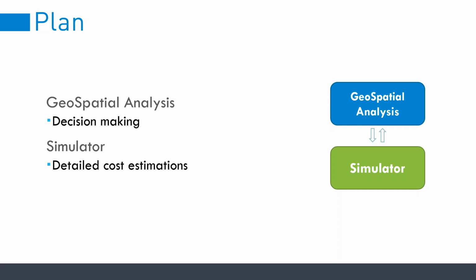And this cost information can then be shared to the geospatial analysis tool, where you can combine the cost information with other types of marketing information that can help you make the decision on where to roll out and to see whether a business case is viable.